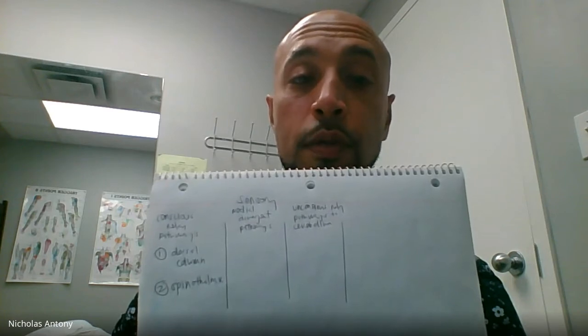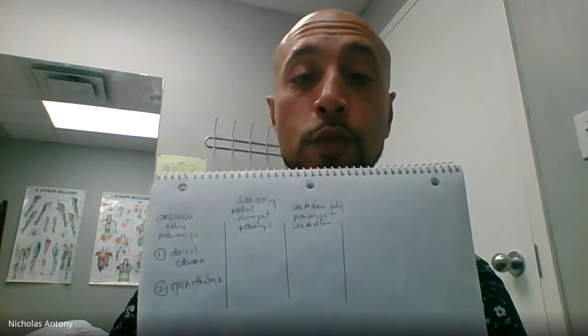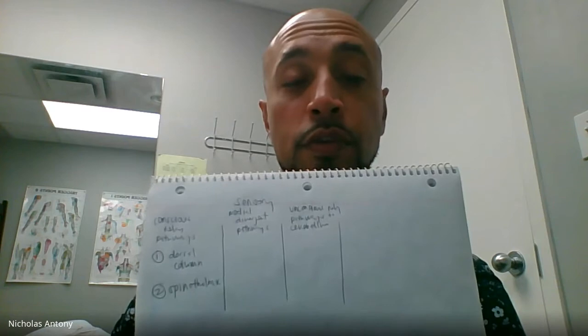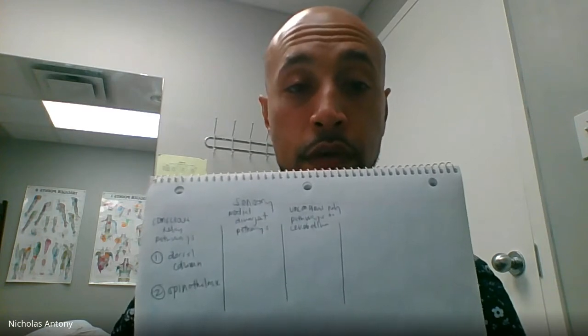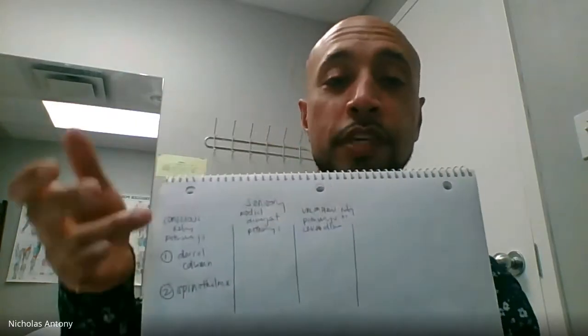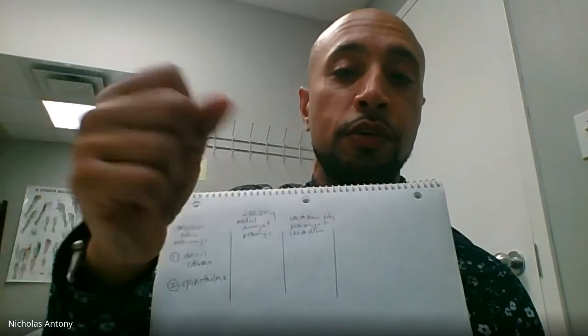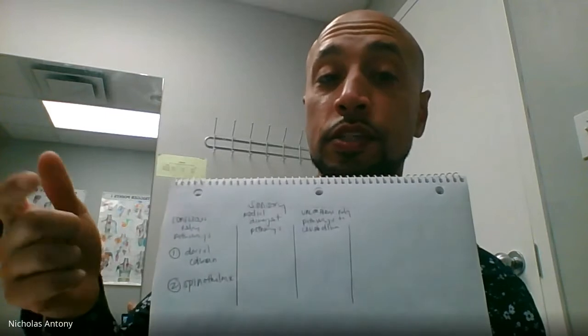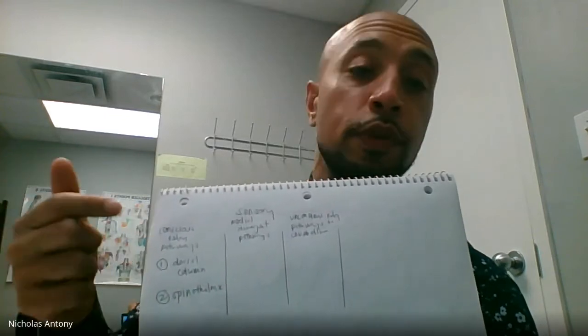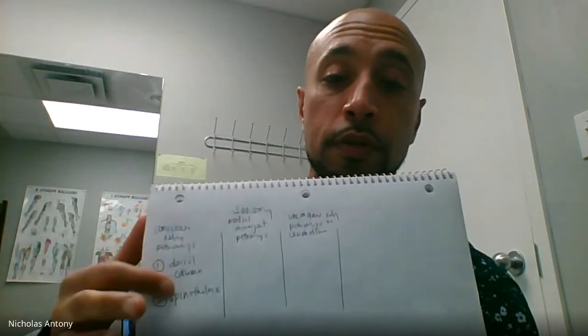If you look at the posterior side, the dorsal column is fasciculus cuneatus and fasciculus gracilis, located at the very, very back. Fasciculus means like a grouping. So fasciculus cuneatus is the dorsal column for your upper body. Cuneus, like cuneiform bones. And then fasciculus gracilis is for the lower body.